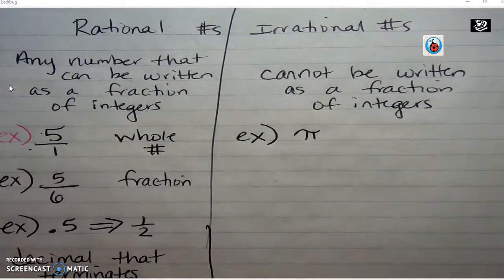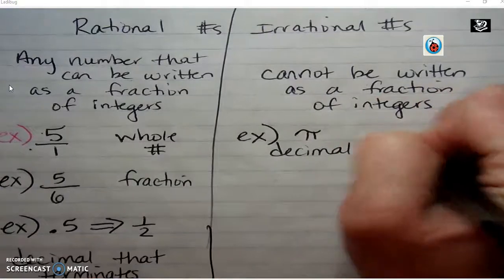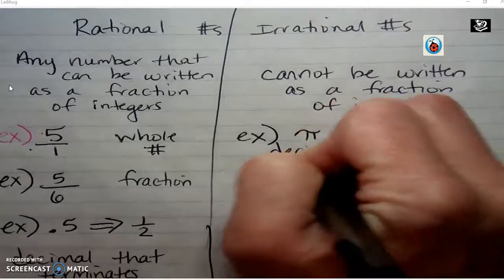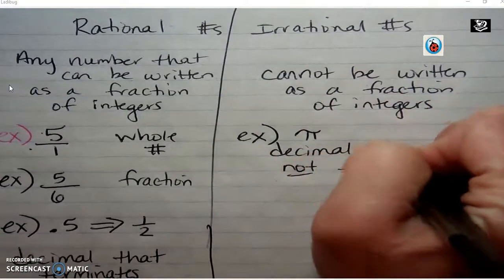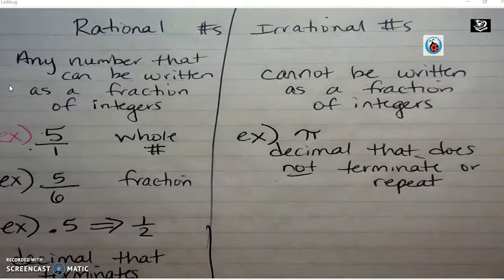Pi cannot be written as a fraction of integers. Pi is a decimal that does not terminate or repeat. So decimals that do not terminate or repeat are irrational numbers.